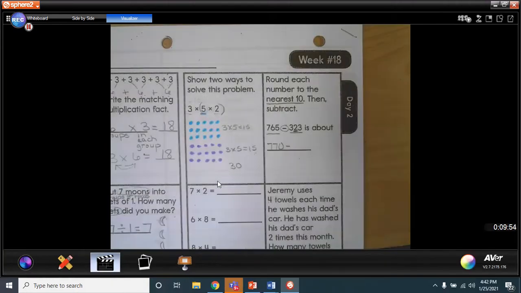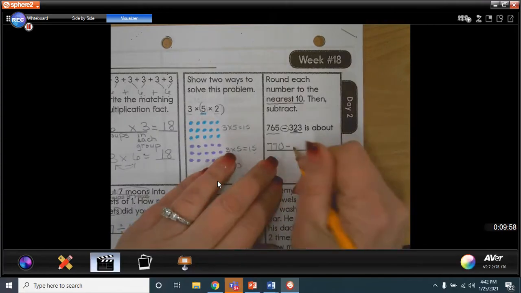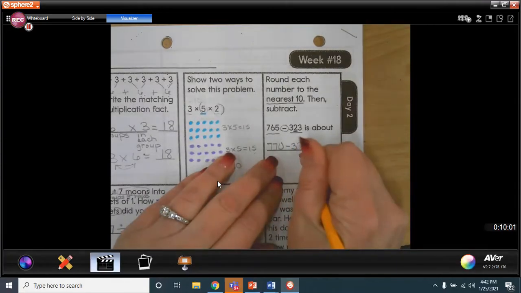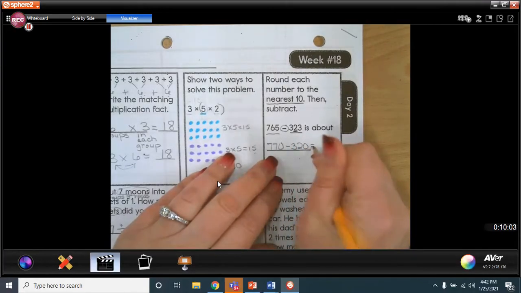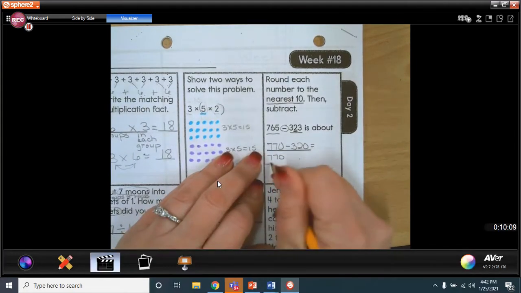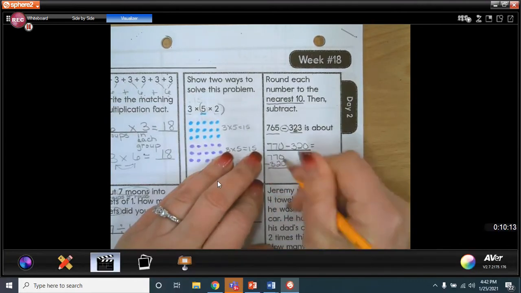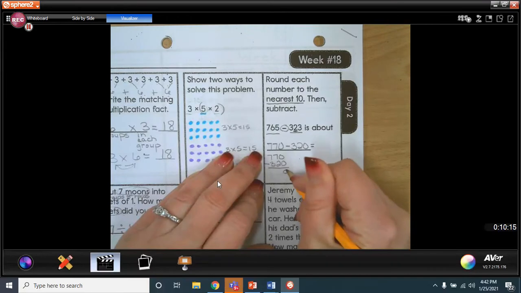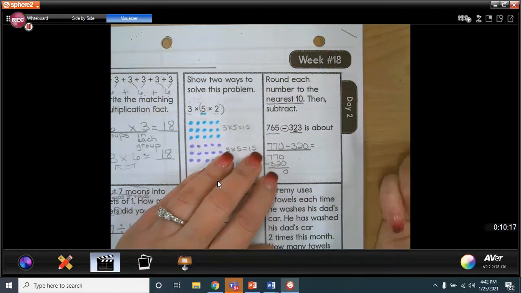So now that we have rounded each of these numbers to its closest 10, we can go ahead and subtract. Now, we can take what we know about 770 and subtract 320. We can subtract here because we don't have any ones.